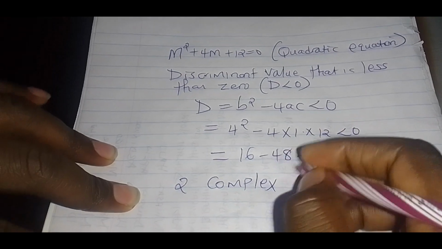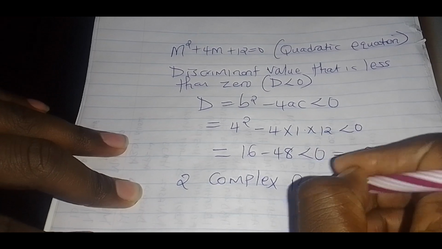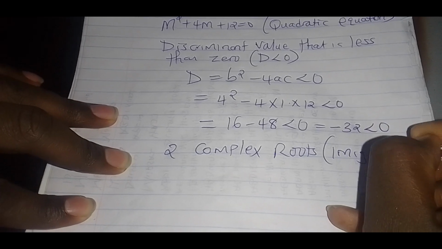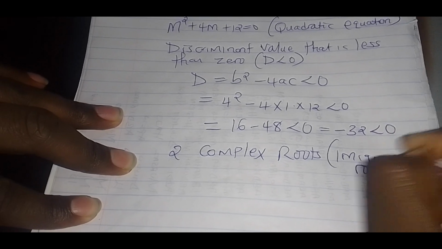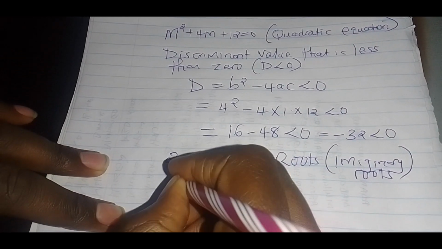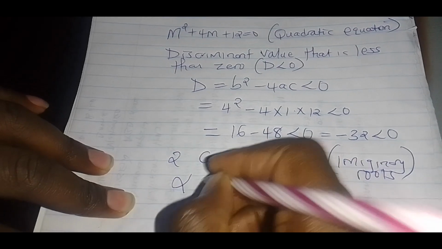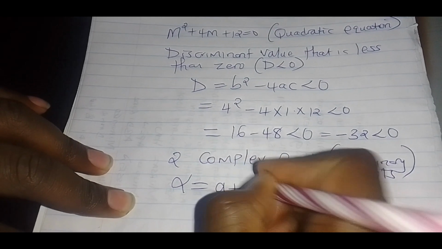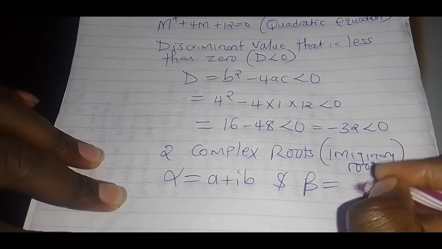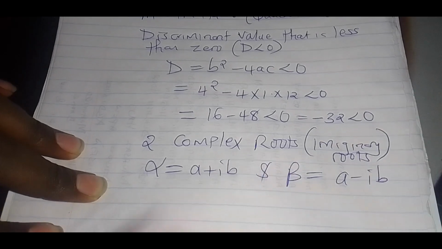roots, or rather imaginary roots, and these imaginary roots are expressed in the form of alpha, which is a plus ib, and beta, which is expressed as a minus ib.